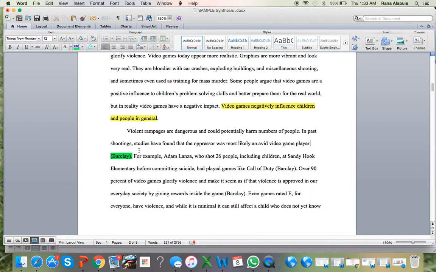And actually in this essay, you'll see very little quotations. She did a good job of embedding information from the sources into this essay. And she definitely proved that she does comprehend what she's reading. So she has the author's last name here.